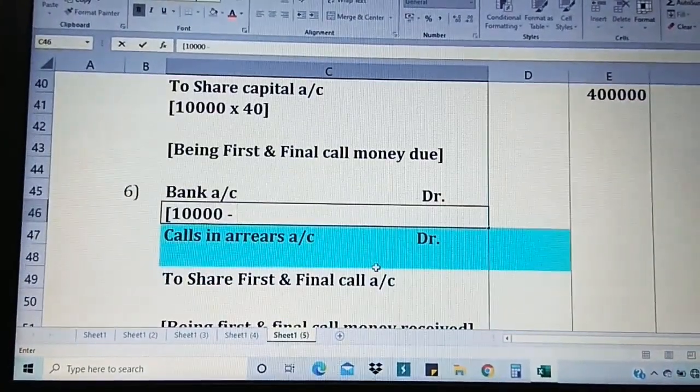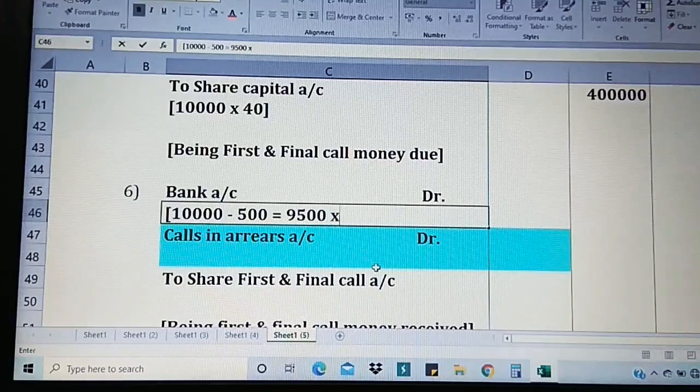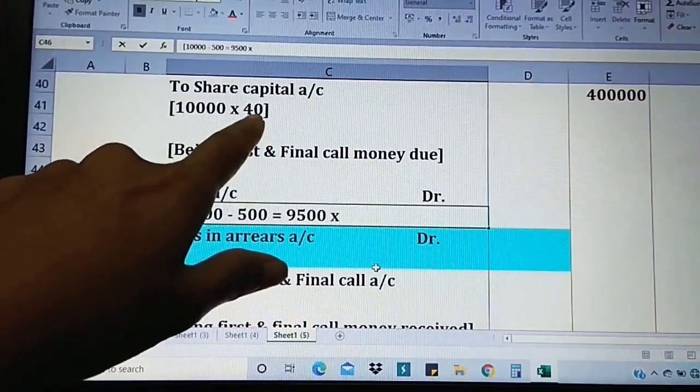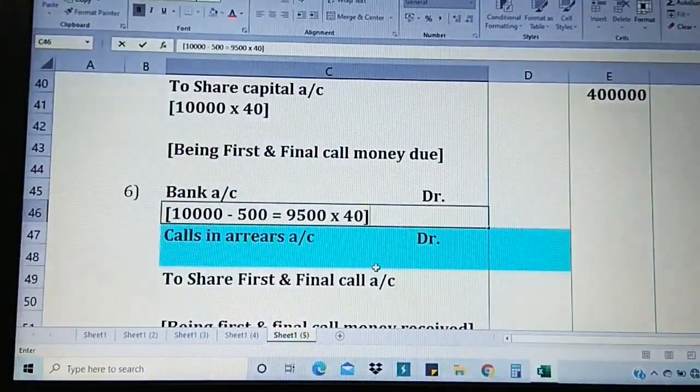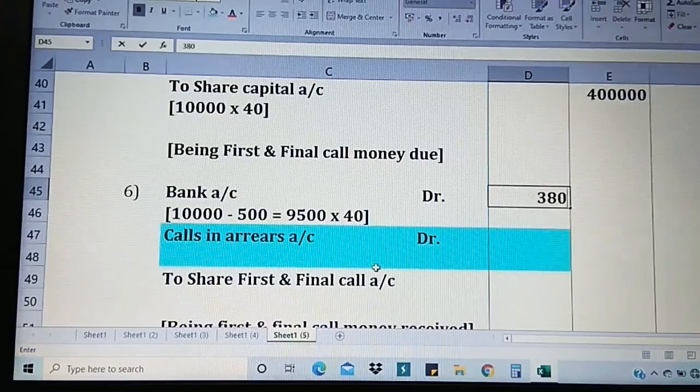I guess it's very simple for you now. You all can get it easily. And the rate, the same. First and final call rate is what we have to take. So out of 10,000 shares due, 9,500 is what we are receiving. So 9,500 into 40 gives us 3,80,000.